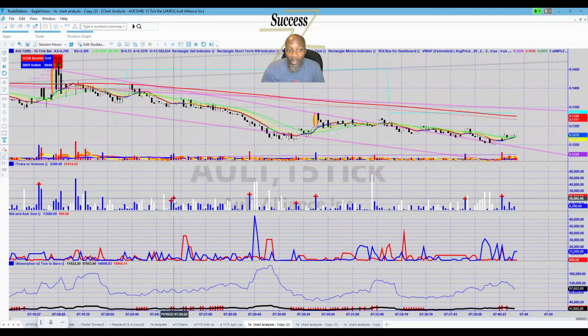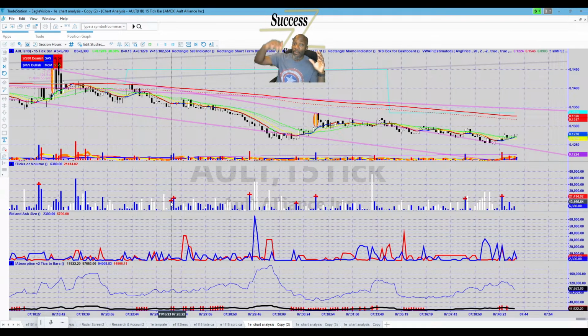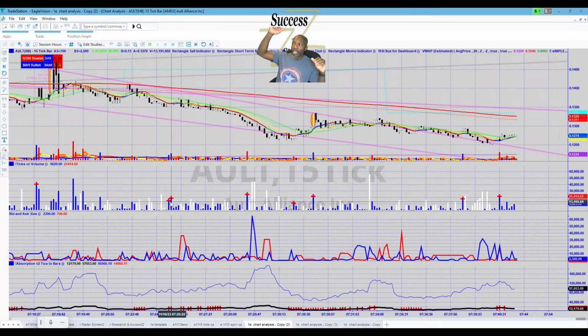Now if volume or ticks are like 4 times greater than, not the ratio, but their own averages: ticks are doing its thing, volume is doing its thing, you have a tick moving average, and you have a volume moving average.